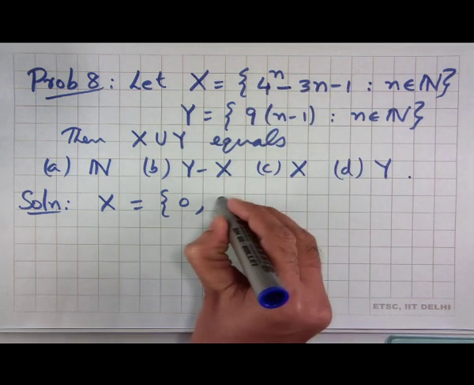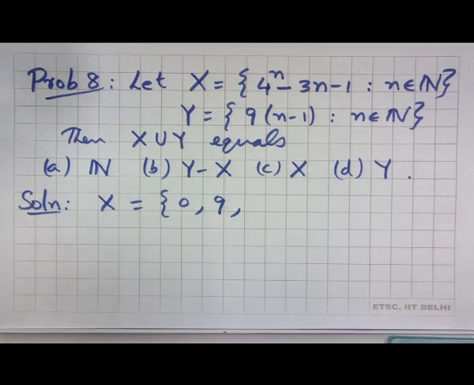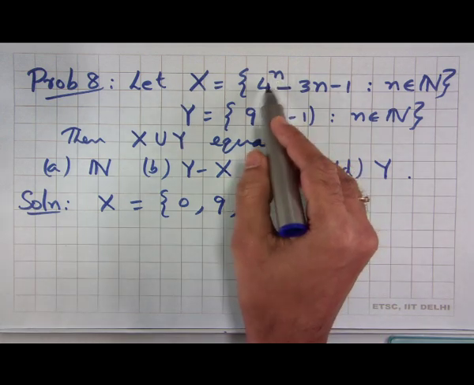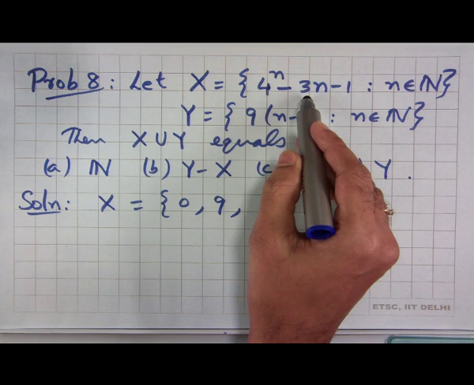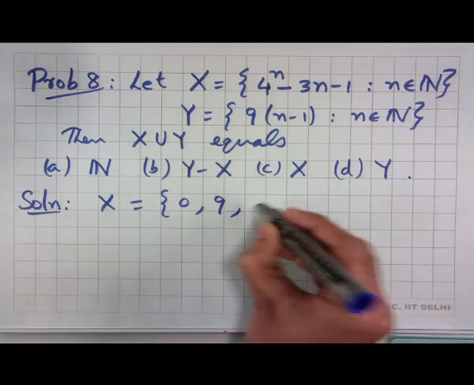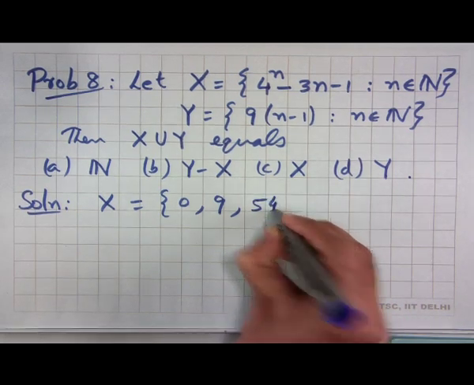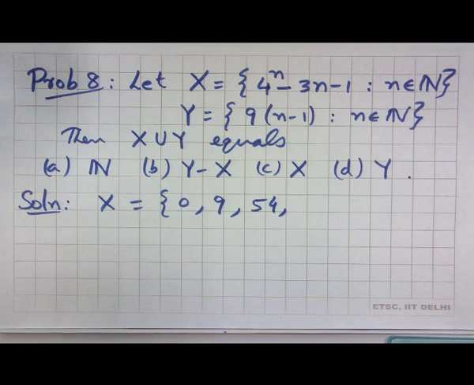So, that gives me 9. And if we put n equal to 3, that will give 4 cubed is 64, minus 9 minus 1. So, that is 54, and if you want you can calculate more.